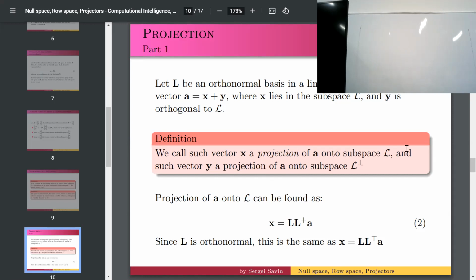If you have a point X, its projection to the subspace is the closest point on the subspace to it. And if you want to project this point to the orthogonal subspace, you do it the same way. You find the closest point on this orthogonal subspace to it, and that is the projection. The projector is given as expression number 2, as a projector matrix.